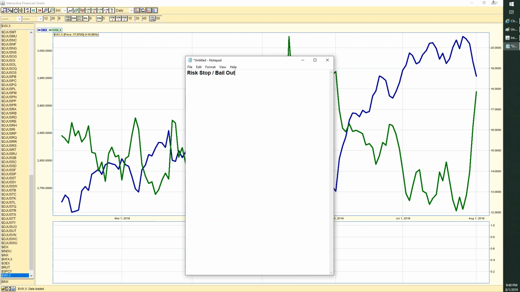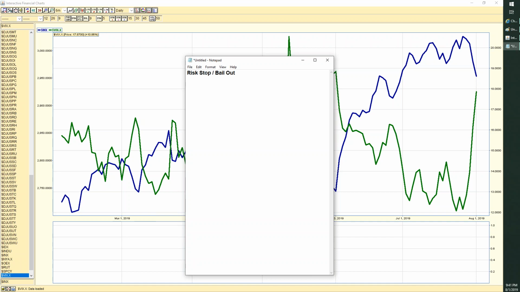So say, for instance, we have a directional strategy and we'll set a risk stop at 3% below a normal stock price movement.